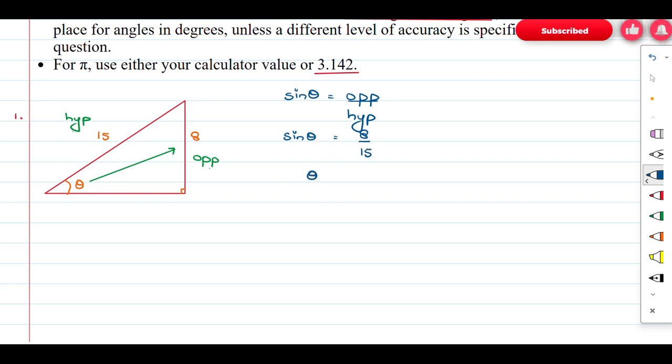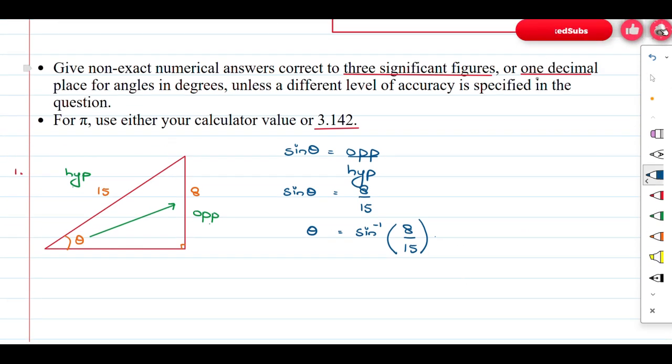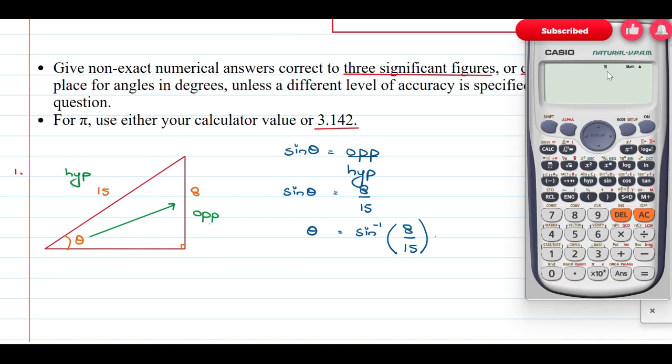To solve for theta, we shift the sine to the other side by doing sine inverse of 8 over 15. Now use the calculator to get the value of sine inverse of 8 over 15 up to 1 decimal place, as per the exam instructions. My calculator is in degrees. Whenever you need the inverse of a trigonometric ratio, press the shift button first, then sine, cos or tangent.